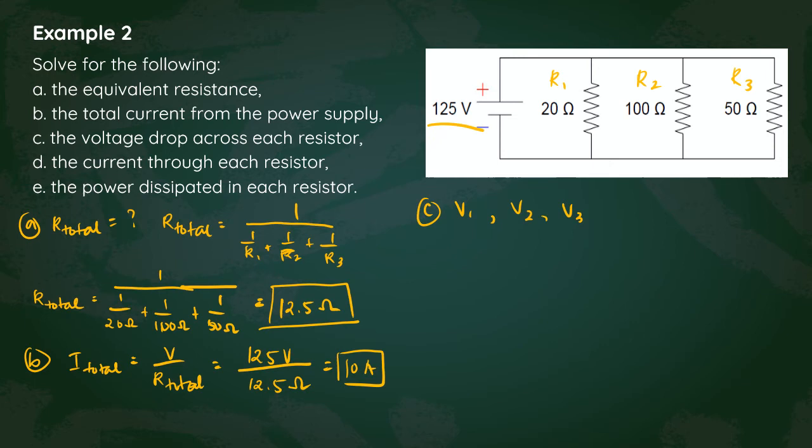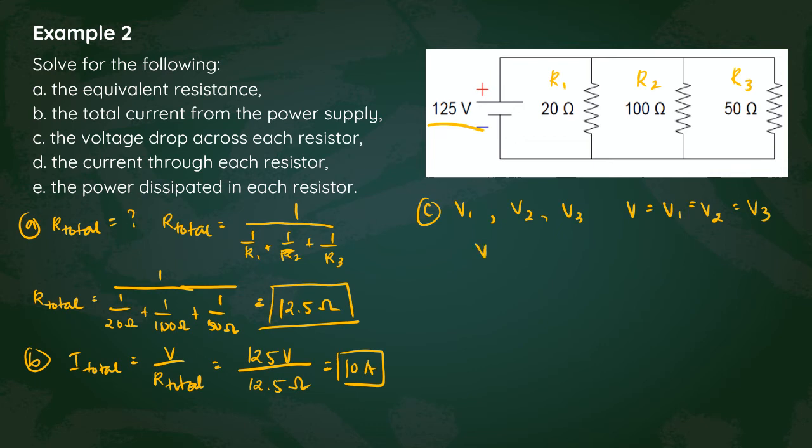Now, to solve for the voltage drop in each resistor, remember that in parallel connections, your V will be equal to your V1, which is also equal to your V2 and equal to V3.